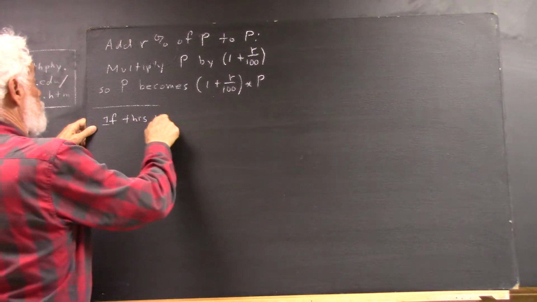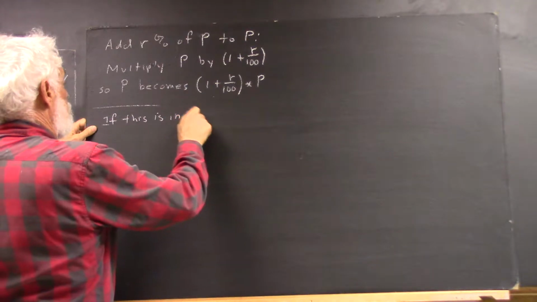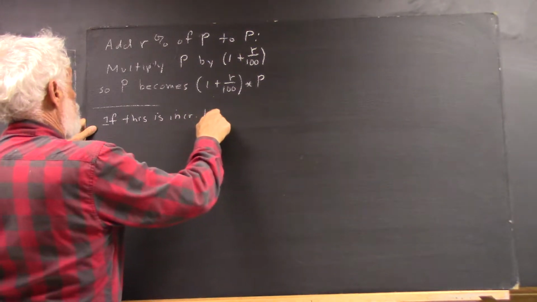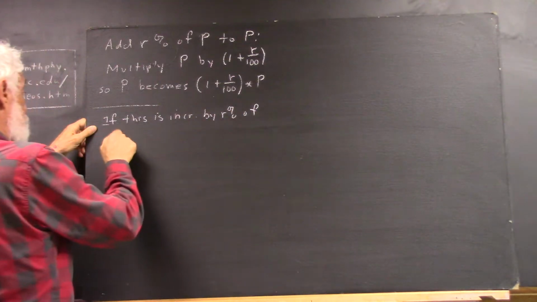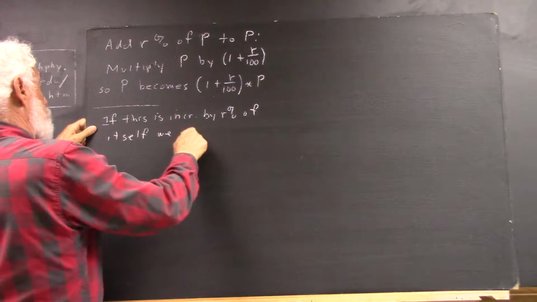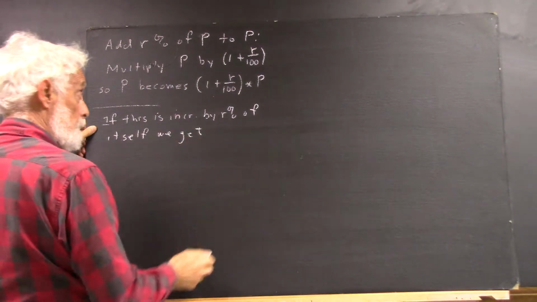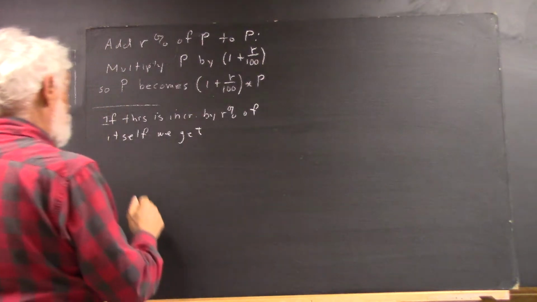If this is increased by r percent of itself, we get what? Well, we multiply this by 1 plus r over 100.